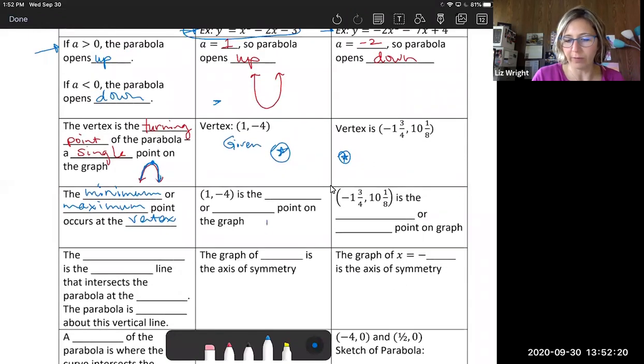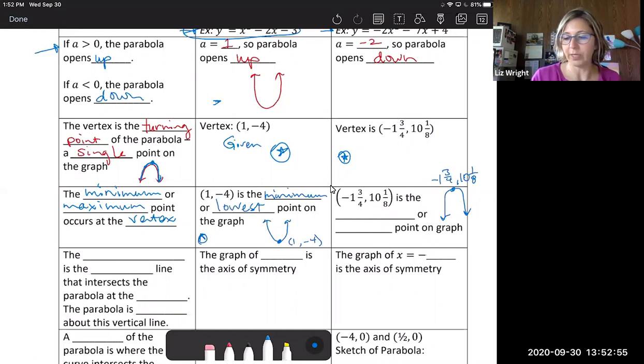If 1, -4 for this parabola is right here, and then this one over here, we've got -1 3/4 and 10 1/8. So on my first example, the 1, -4, is that going to be your minimum or your maximum point? It's going to be the lowest point, so it's the minimum, or the lowest point on the graph.